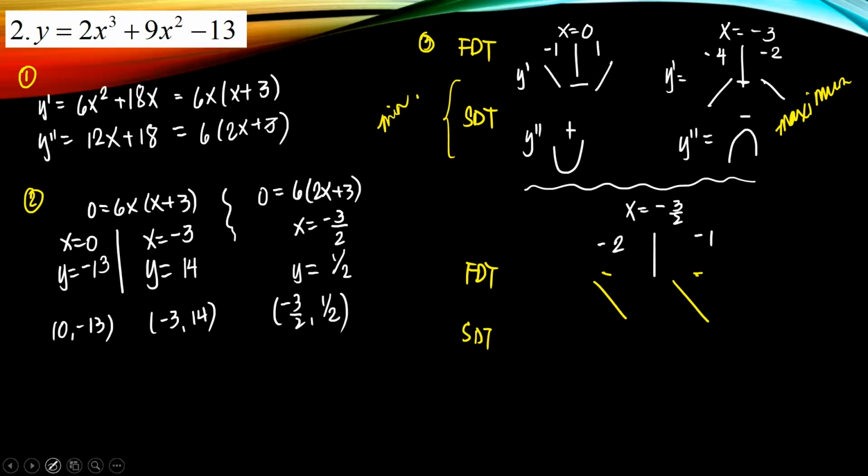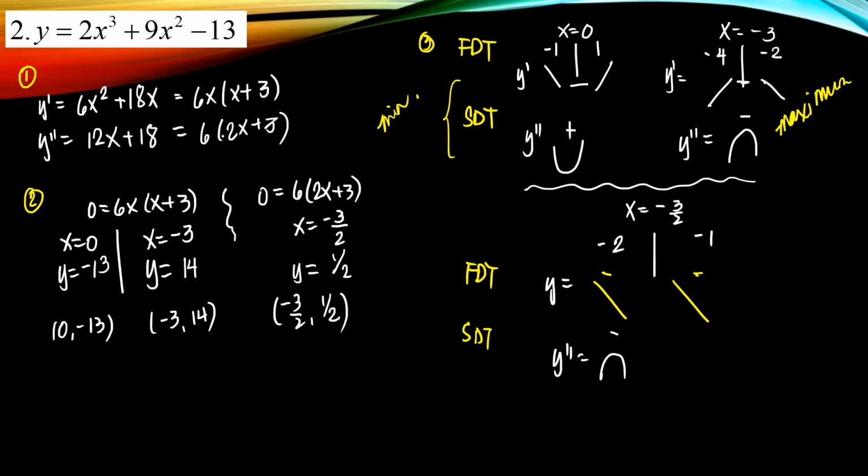Okay, let's go to the second derivative test. Okay, let's plug in negative 2 in the second derivative. 2 times negative 2 is negative 4, plus 3 is negative 1, times 6, negative. So that means it's concave down.